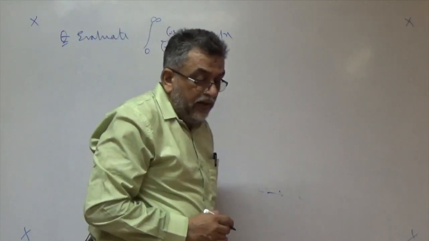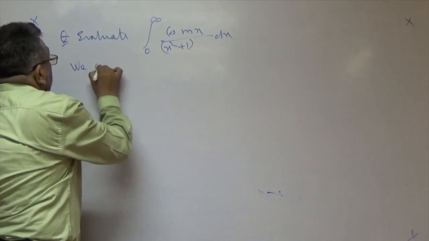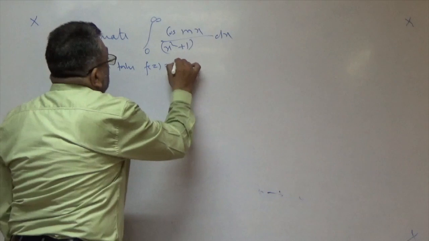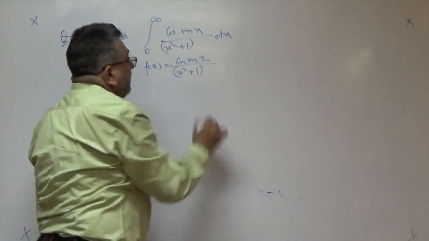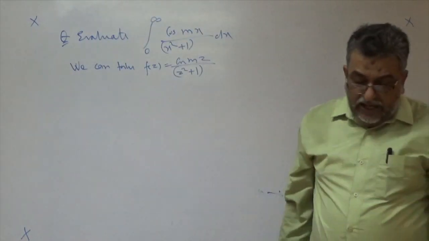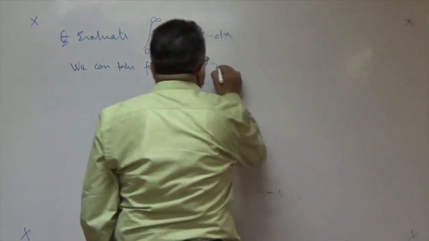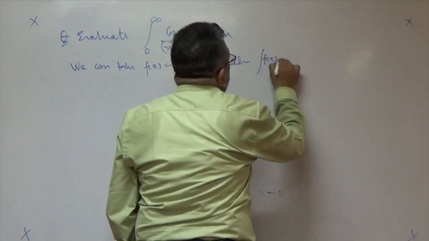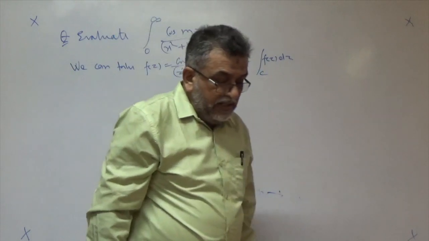So here for the solution, we can take f(z) equal to cos mz upon z squared plus 1. For the given function, we can take f(z) as this. So consider the integral of f(z) dz over C, right?